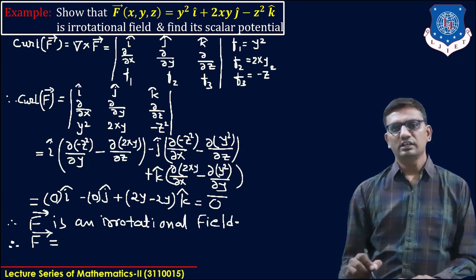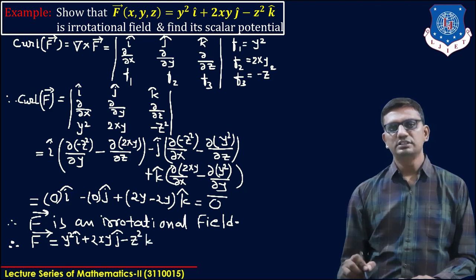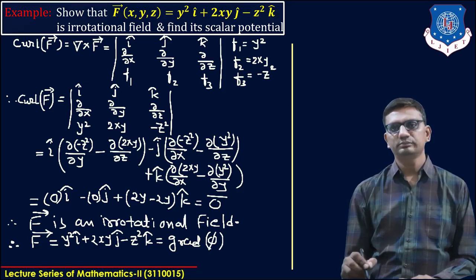So f bar is the gradient of some function phi. We compare f bar equal to y square i caret plus 2xy j caret minus z square k caret, equal to gradient of phi, because our function f bar is irrotational. So it is the gradient of some function phi, and we want to find the function phi.